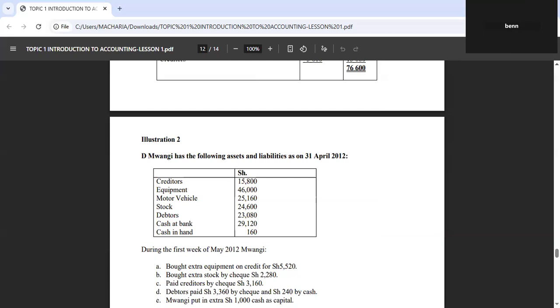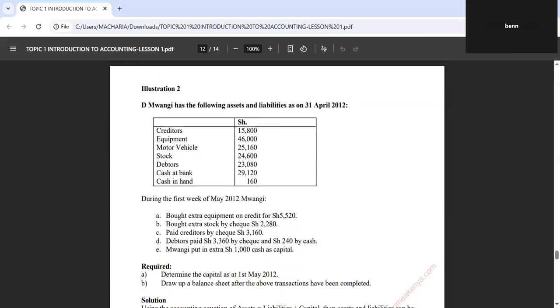During the first week of May 2012, Mwangi bought extra equipment on credit for 5,520, bought extra stocks by check for 22,280, paid creditors by check, received payment from debtors, and finally put extra cash into capital. You are told to determine the new amount of capital and then draw up a balance sheet after the above transactions have been completed.